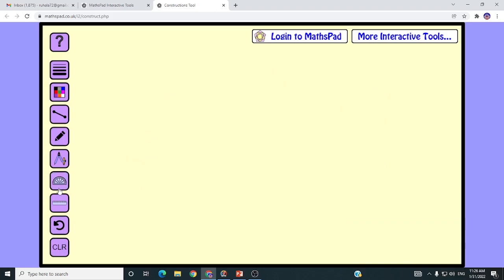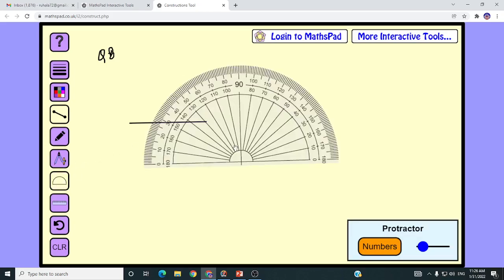Next question is question number 8. In this question, we have to make an angle of 70 degree and make a copy of it using only a straight edge and a compass. First of all, I will take an angle of 70 degree.